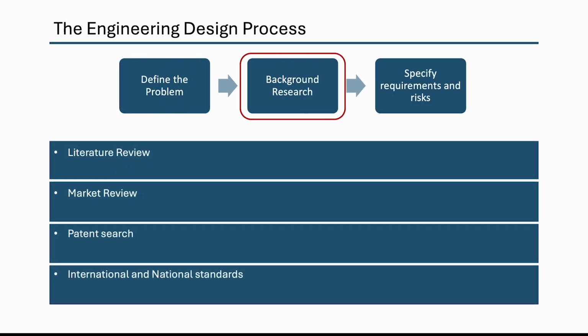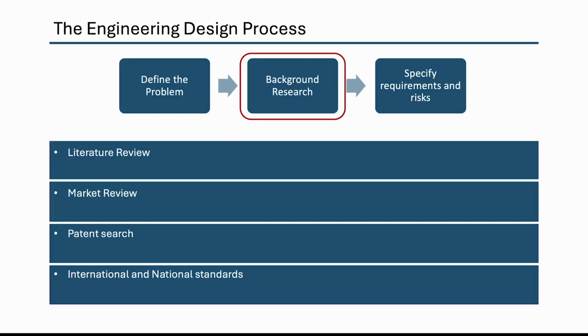Background research. So there's the obvious one of doing a literature review. For digital platforms, because it's such a large scape these days, and because things are just evolving all the time in the digital sphere, doing a market review can be really helpful to see what's already out there, what you like visually and what you don't like, and also to see what's been done in terms of the reviews.